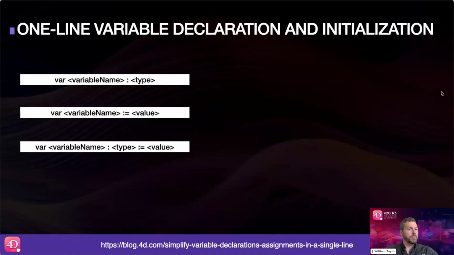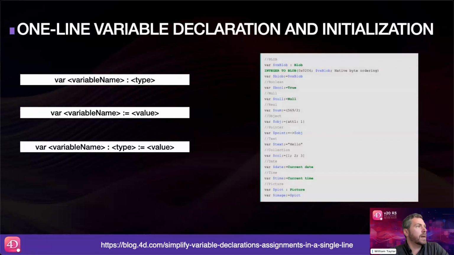So you should probably do this if you're instantiating a complex variable like a class attribute or global variable or things like that. The way the first works is like this: var bool equals true. Rather than having to do var bool and then true, and then setting it later, you can do it all in one line.